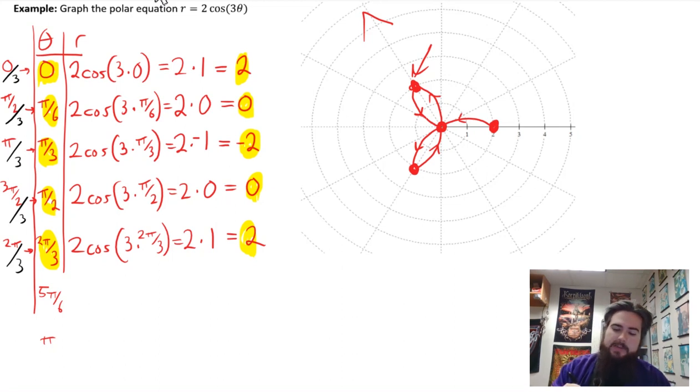And then as I curve back towards the pole, that seems to naturally flow back to right where we started. This is going to be the graph of this equation of r equals 2 cosine of 3 theta. And this graph has a special name. This is a rose.